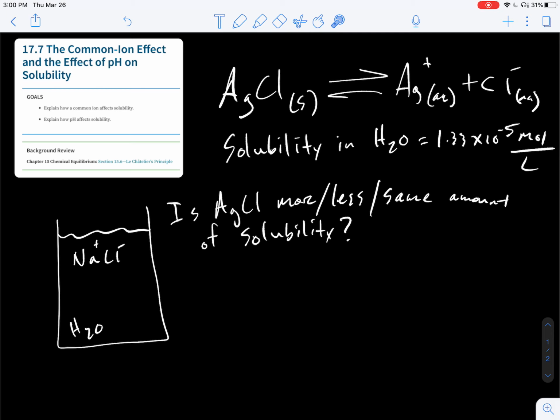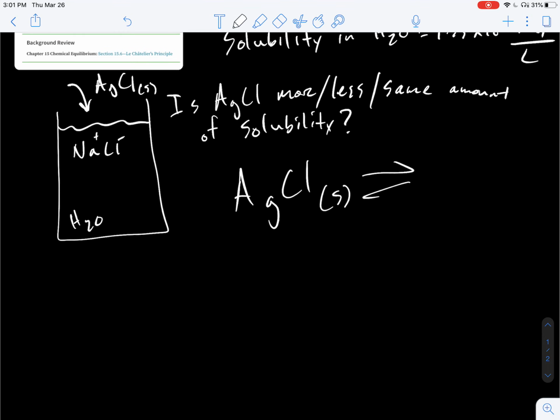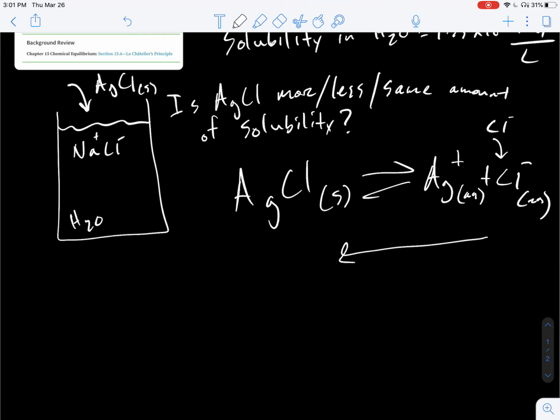So I'm going to rewrite our equilibrium really quick. AgCl solid, Ag plus aqueous, Cl minus aqueous. Because there's a lot of Cl minus in the solution, it's almost like we're adding chloride to this equilibrium. So we are going to push left.